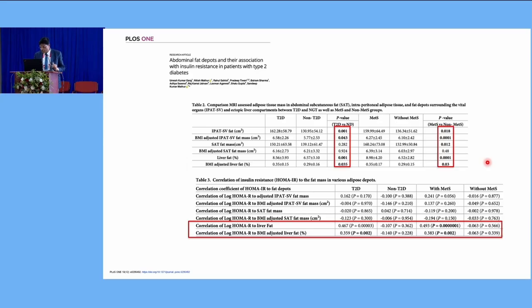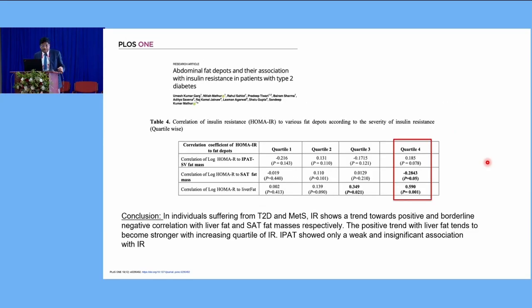correlation in the highest quartile. And the most important point is that we always speak of the insulin resistance and compartment relationship. We actually looked at this issue in a different spectrum, a different horizon, and we clustered the patients according to severity of insulin resistance. Interestingly, we found HOMA-IR showed a very strong correlation with liver fat in the highest quartile. As the insulin resistance quartile goes up, the role of liver fat becomes stronger.